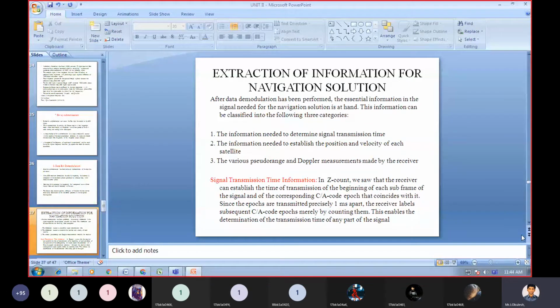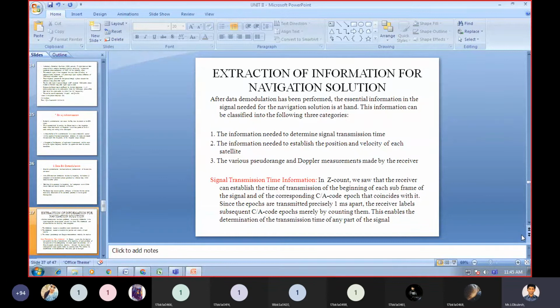The first one is signal transmission time information.